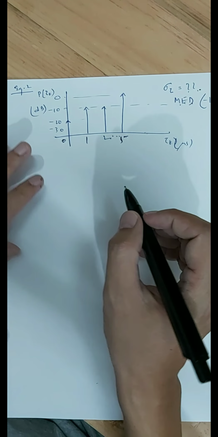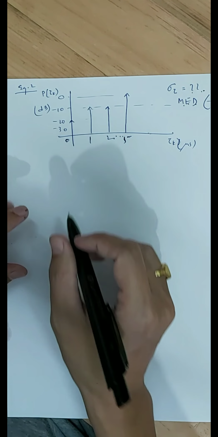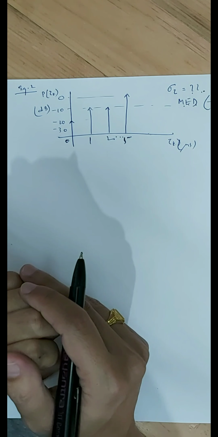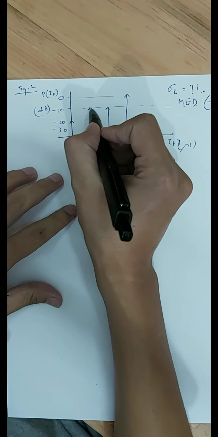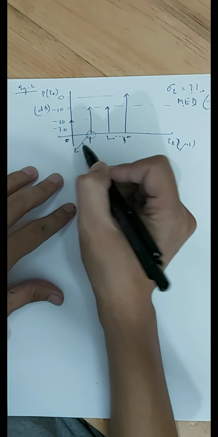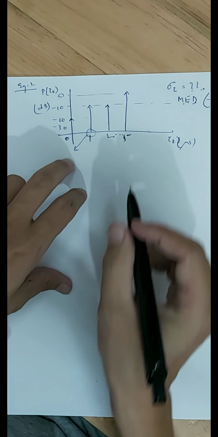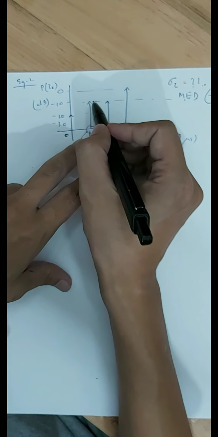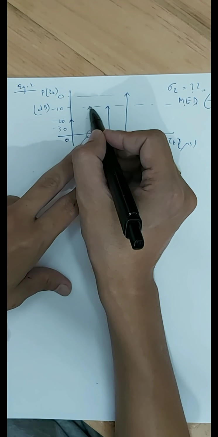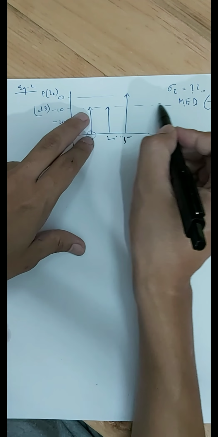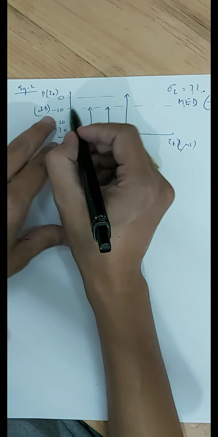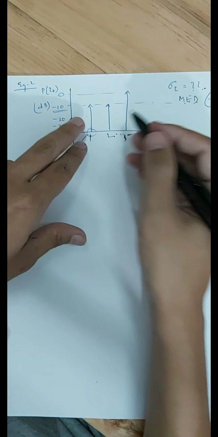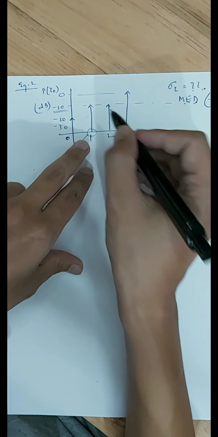Now for this graph, what is your minimum excess delay? So this is your minimum excess delay. It is the excess delay corresponding to the first peak when it crosses beyond the threshold, which is minus 10 dB, or whether it touches or crosses that peak.